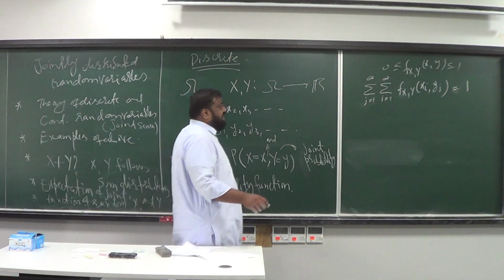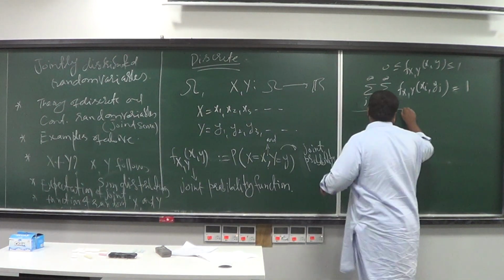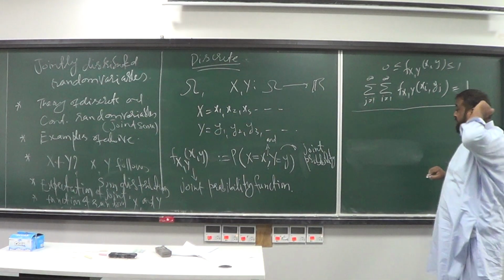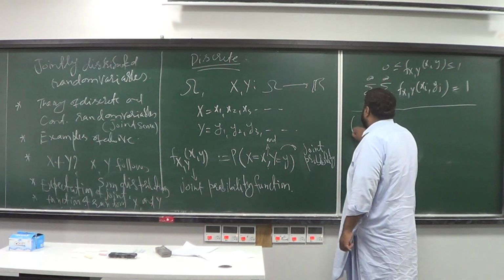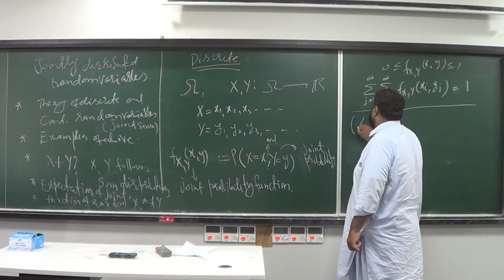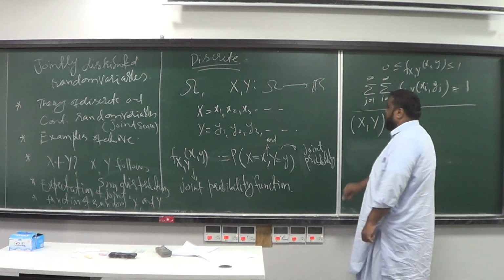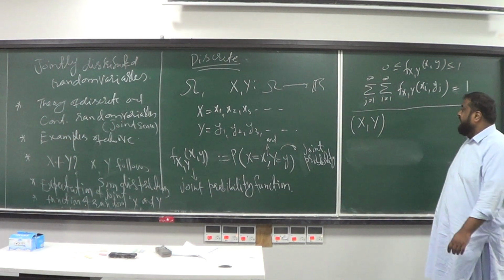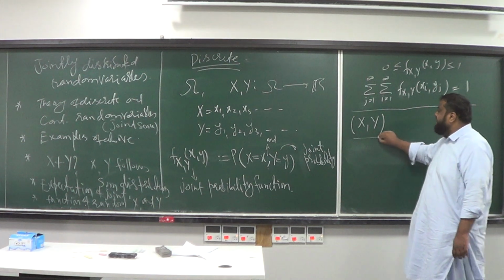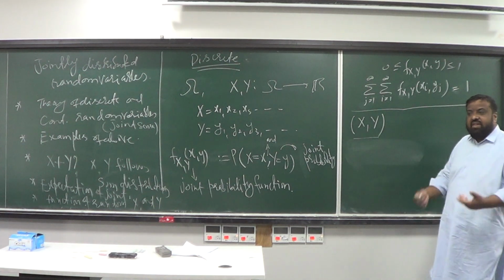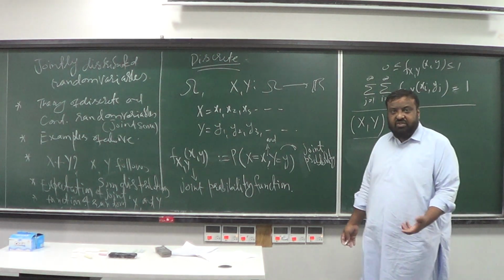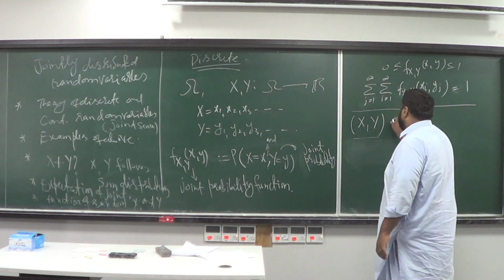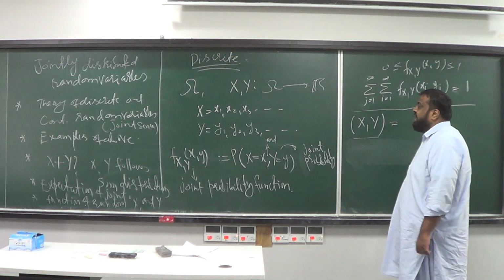By the way, once you have this joint probability distribution of x and y, sometimes you also denote this by the vector xy. So now you have a random variable, but that random variable is basically a random vector. So what values does the random vector take?